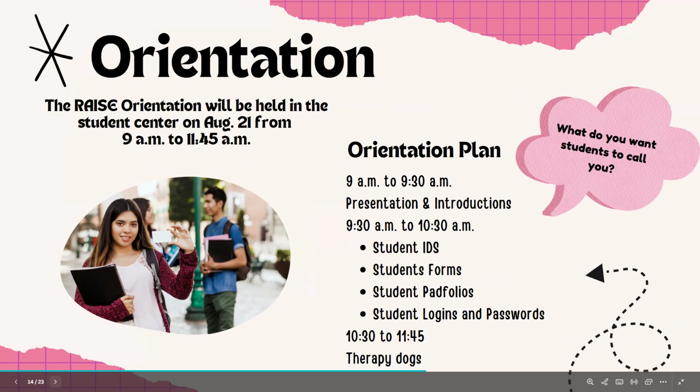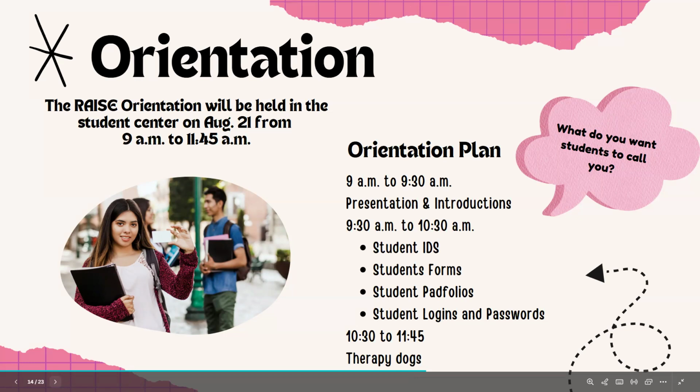Okay, our orientation is going to be held in the Student Center in the atrium on Thursday. It's 9 a.m. to sort of to be determined. So we might have instructors bring students back to class if we wrap things up early.